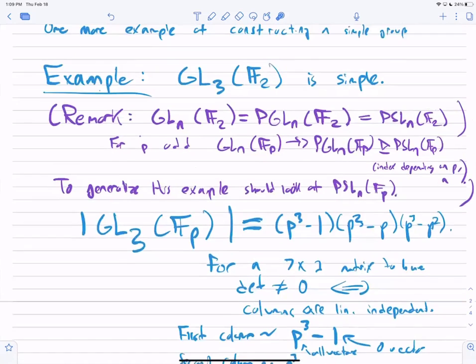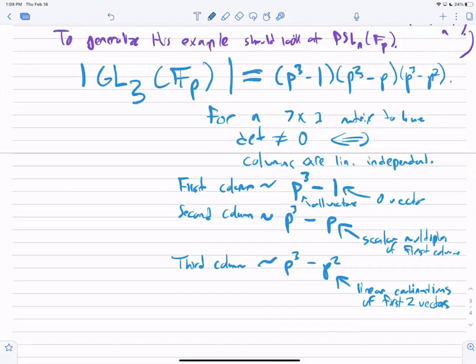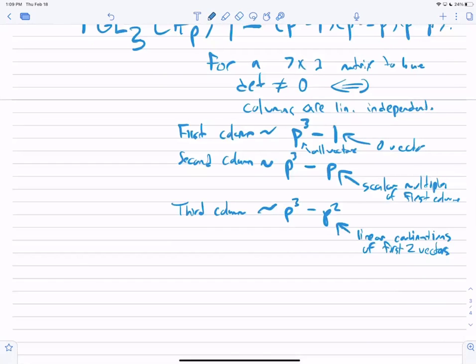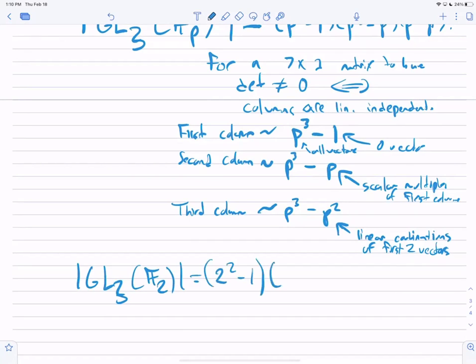So in this case, the order of GL3 of F2 is 2 squared minus 1 times 2 cubed minus 1 times 2 squared minus 1, 2 cubed minus 2, sorry, I get turned around, times 2 cubed minus 2 squared.